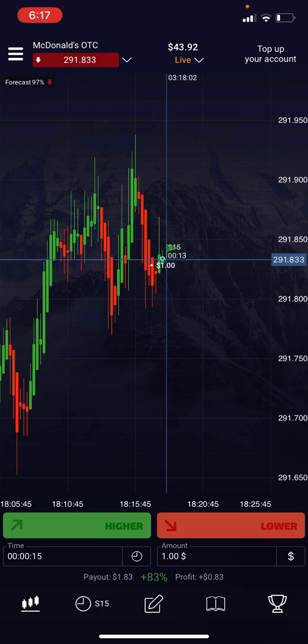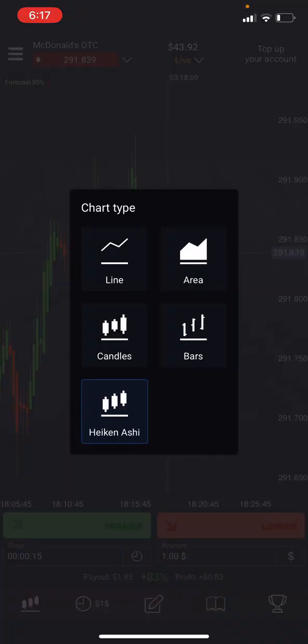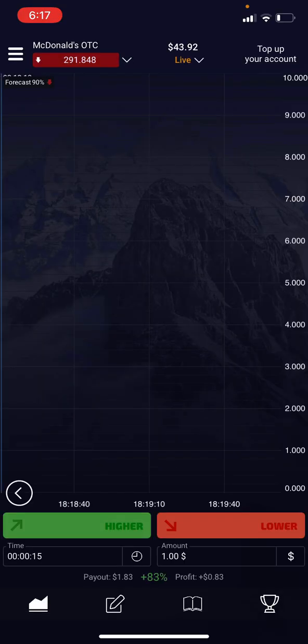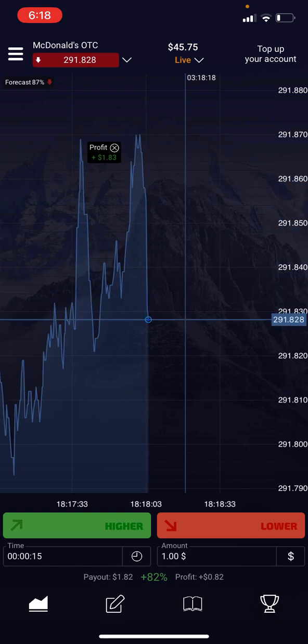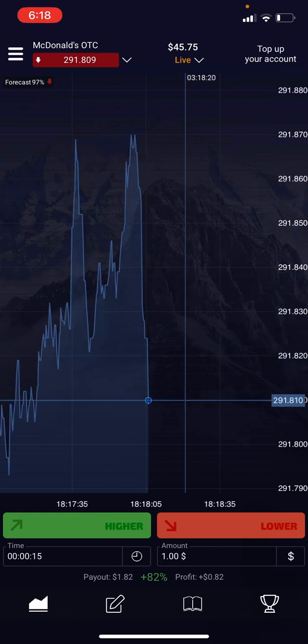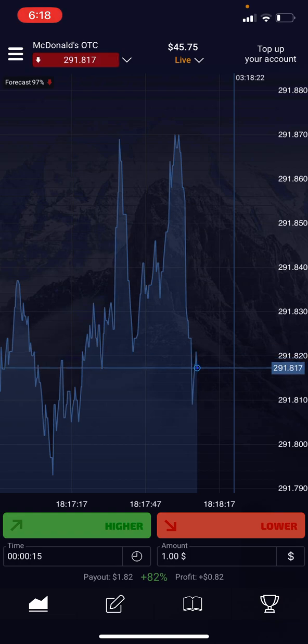That might be enough confirmation for you. You might be somebody that can, I was about to say get excited about the area chart. There we go. And it popped up. Okay. Yeah, I like the area chart.